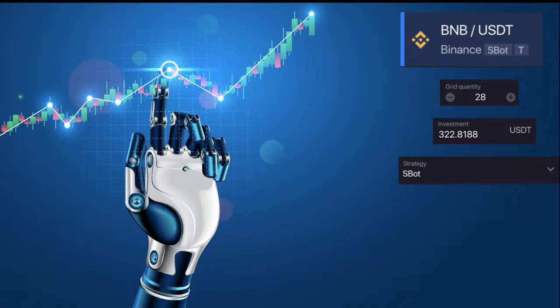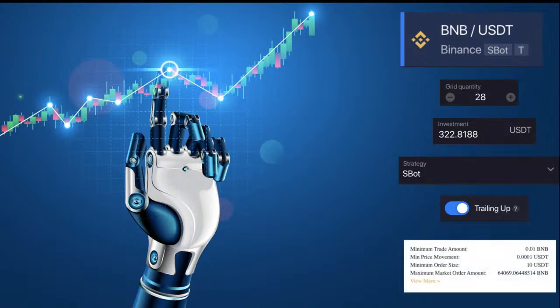I used the SBOT strategy, and I had a trading up function on. That basically means that my trading range was following the upside momentum, and I will show you this in 3 minutes. I also took into account the minimum requirements from Binance to initiate the bot.